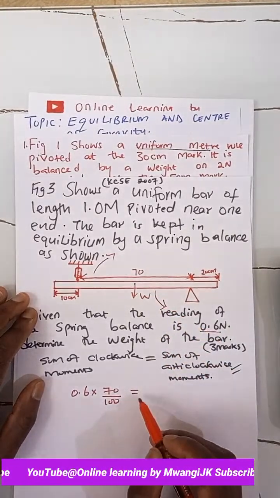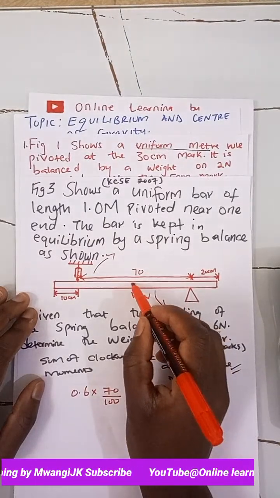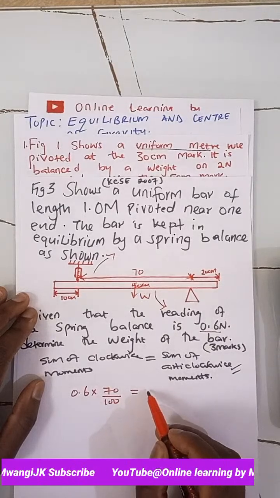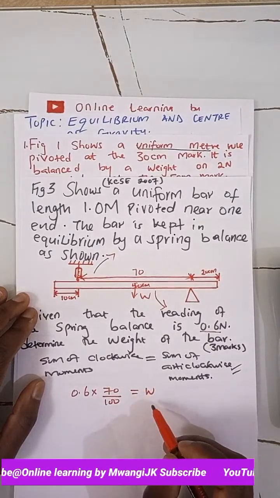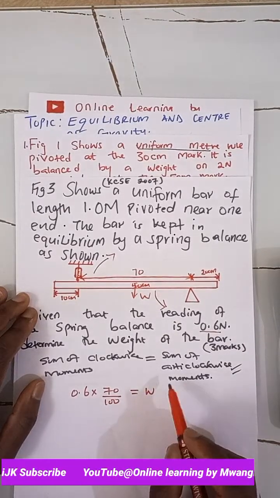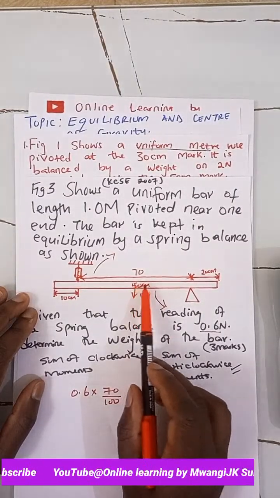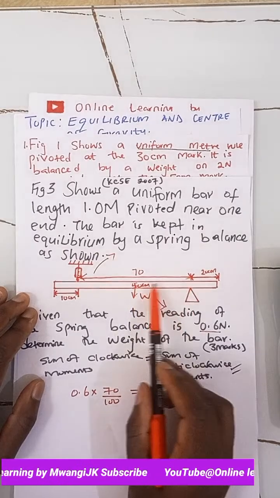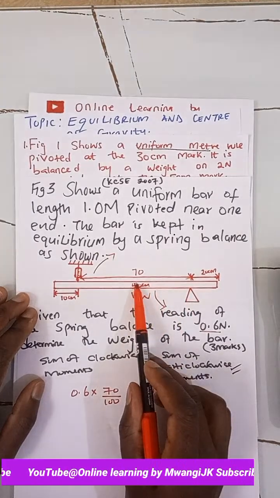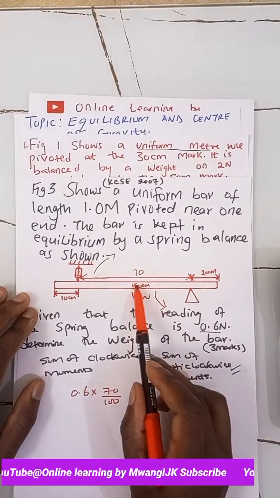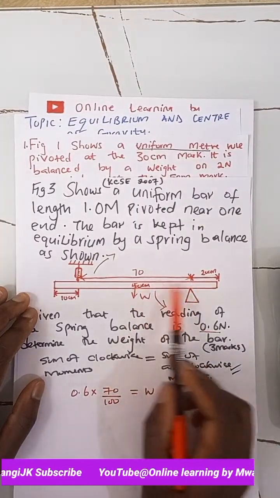The weight is at the 50 centimeter mark. So we talk about the force, which is the weight. We don't know it, we are trying to find the weight. We multiply by the perpendicular distance from the pivot. If the whole of this is 50, then 50 minus this 20 gives 30, which is up to this point.